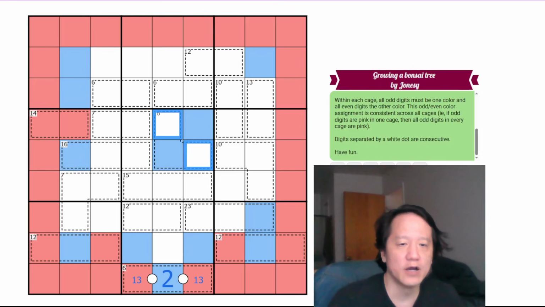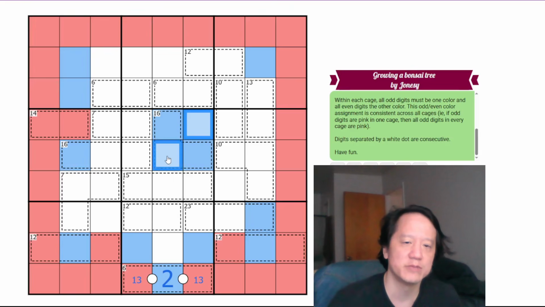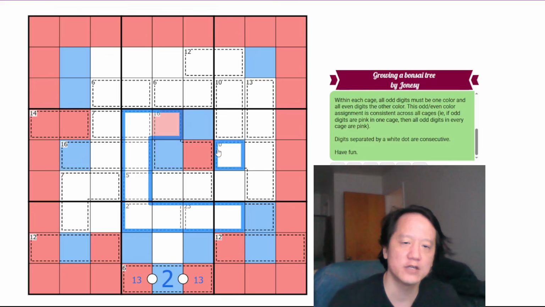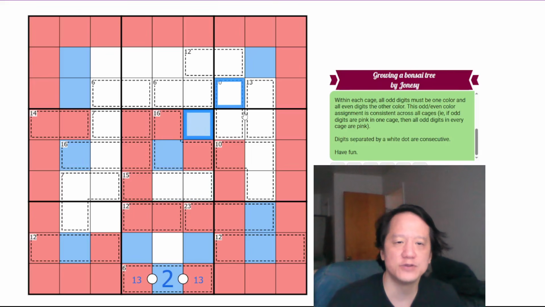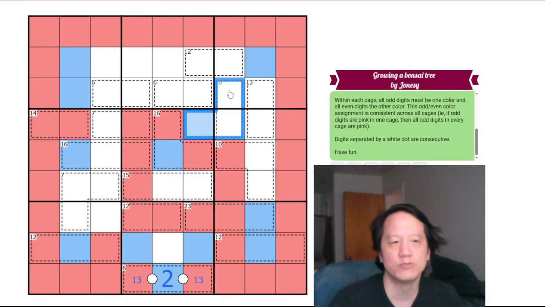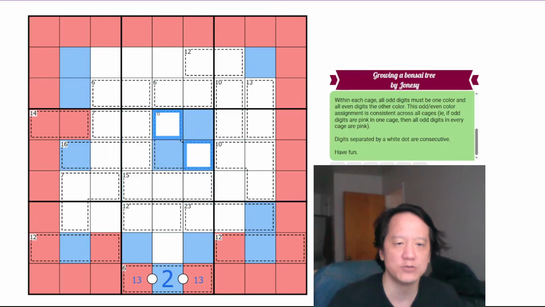Now, the reason why is if you try to have them both the same color as a diagonal that's the same color, then you have a 2 by 2 area that's all the same color, which is not allowed. But if you try to make it the opposite color, well, what happens if you orthogonally connect them? If you orthogonally connect them, the problem is the other diagonal is necessarily broken up into two regions, which is supposed to be a single region. And it's the same thing if you do it the other way, obviously, because it's basically symmetrical.